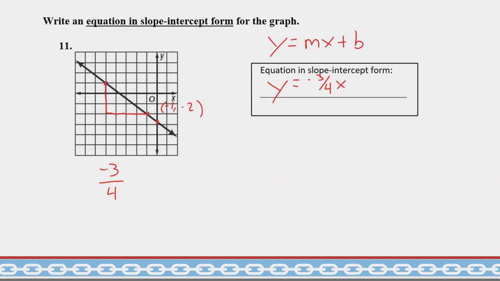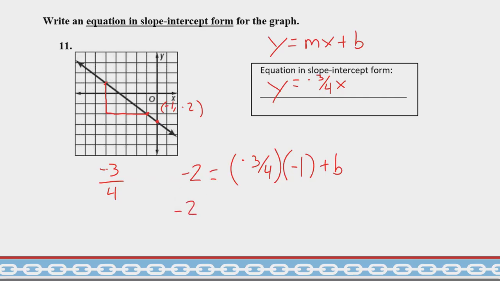So y equals mx plus b: -2 equals -3/4 times x, which is -1, plus b. Right, I'm using the data from that point.